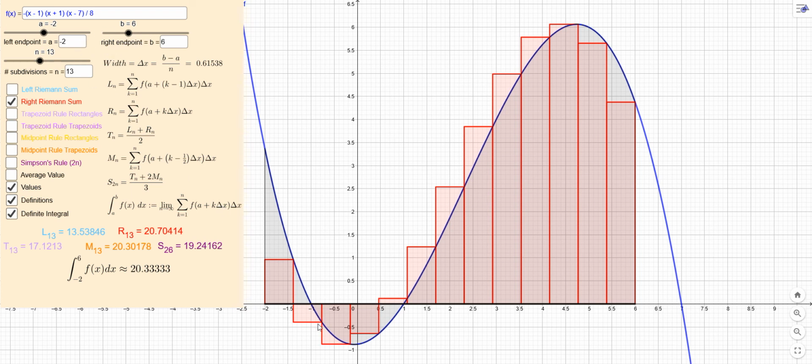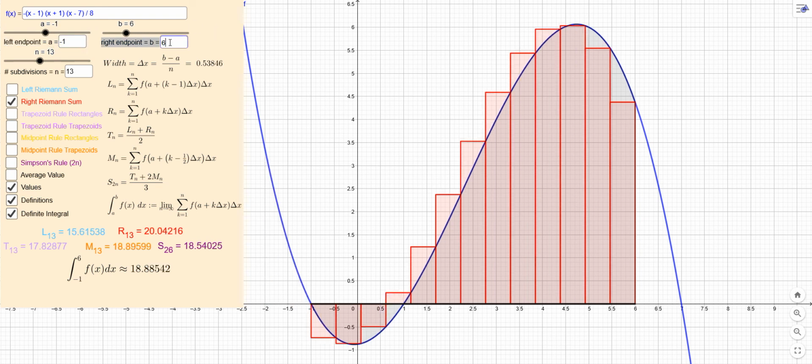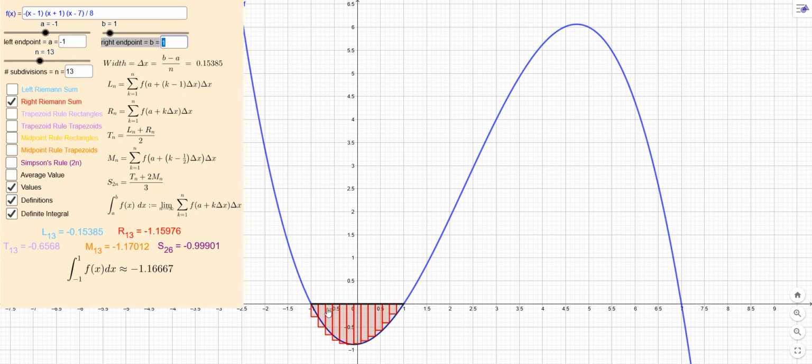Say if we just went from, say, -1 to 1, for example. And whether we're doing a right Riemann sum or whether we're actually doing the integral, you don't actually get this area, you get the opposite of that area.